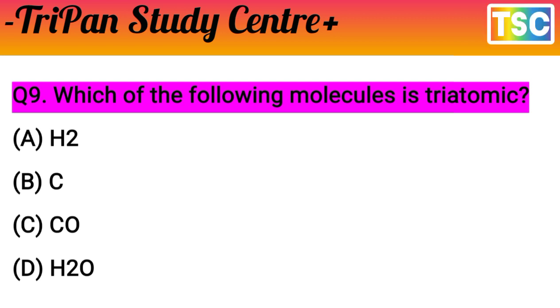It means H2O is triatomic, because hydrogen is two atoms and oxygen is one. It means three atoms, triatomic. The D option is correct here. Option D is correct. And let's see the next question.